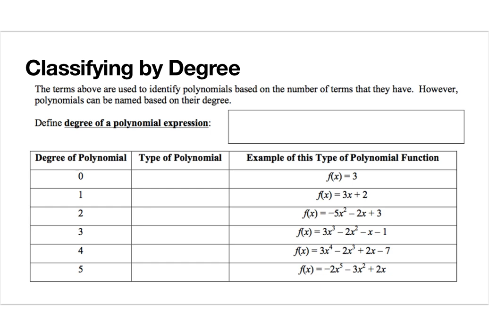I can also classify polynomials by their degree. Now, before I go on, the degree of a polynomial is the highest power on a variable when in standard form.